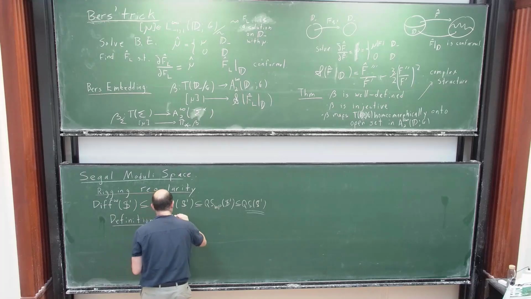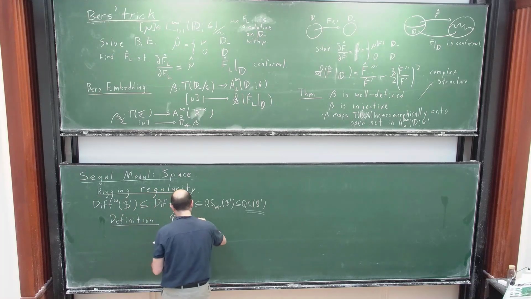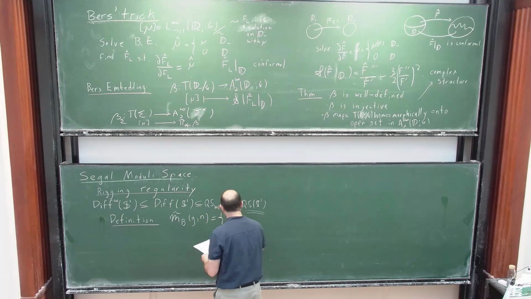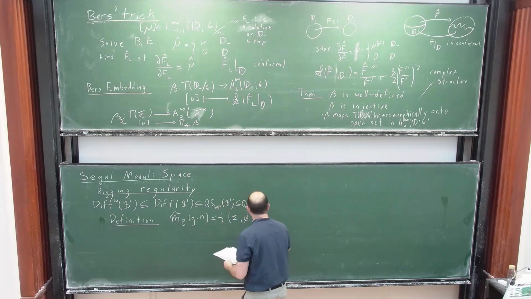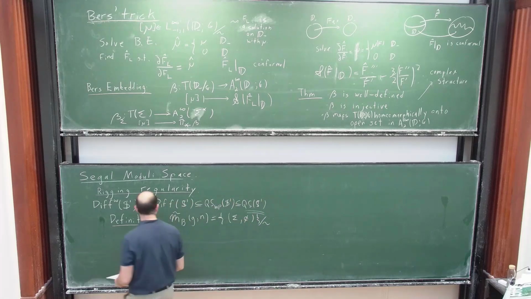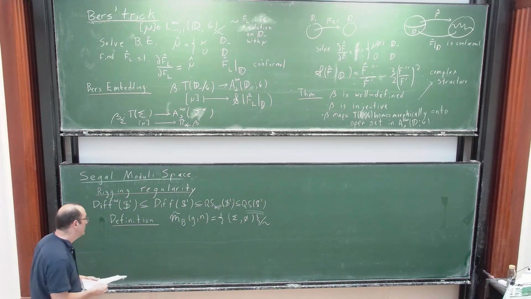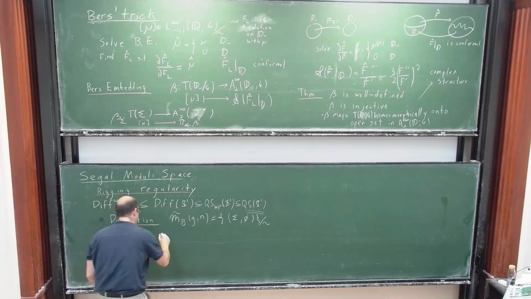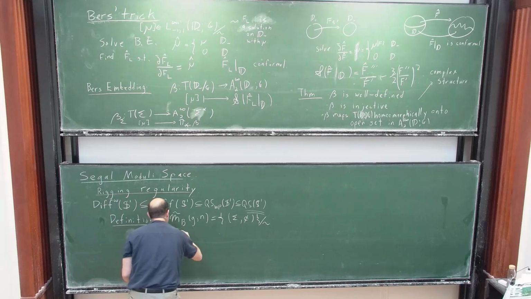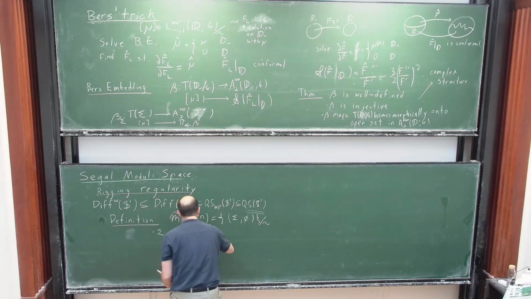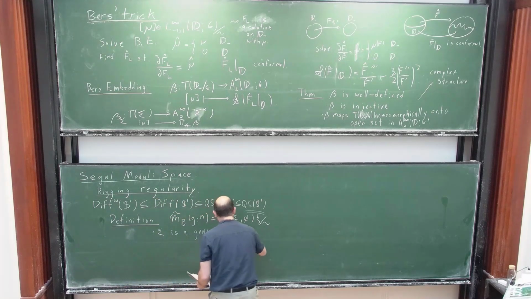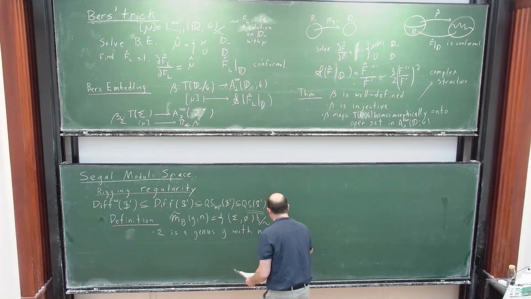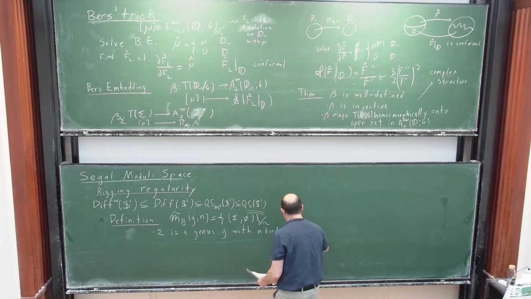M tilde B of G, n is the set of (sigma, phi) modulo an equivalence relation, where sigma is a genus G Riemann surface with n borders, each homeomorphic to S1.